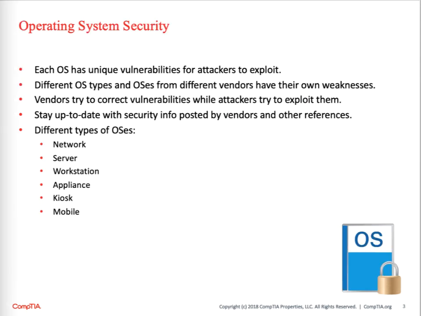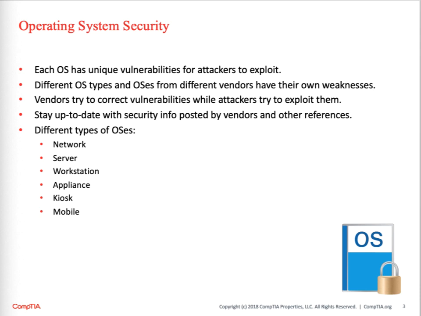When it comes to operating system security, each operating system is going to have a unique set of vulnerabilities for attackers to exploit. Because different OS types and operating systems from different vendors have their own weaknesses, vendors are going to try to correct vulnerabilities while the attackers are going to try to exploit them.